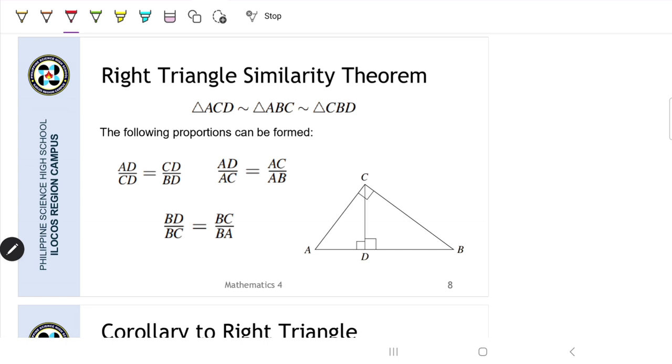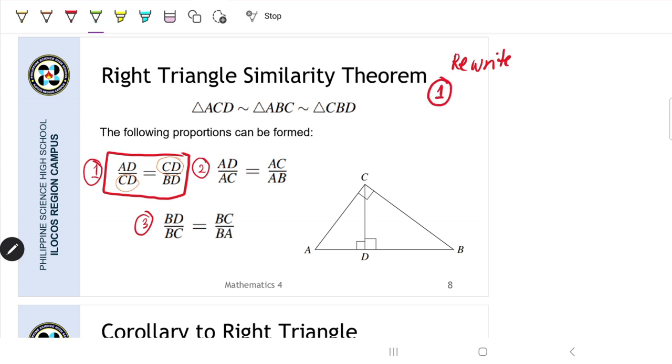Now, since we have three pairs of similar triangles, the following proportions can be formed. We have the first equation, second equation, and third equation. If we focus on the first equation, notice that on the left side we have CD, and on the right side we again have CD. If we rewrite equation 1, we can use cross multiplication to get the following.